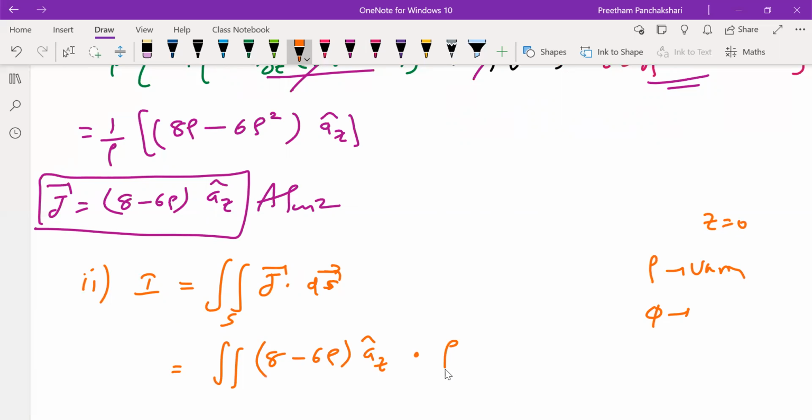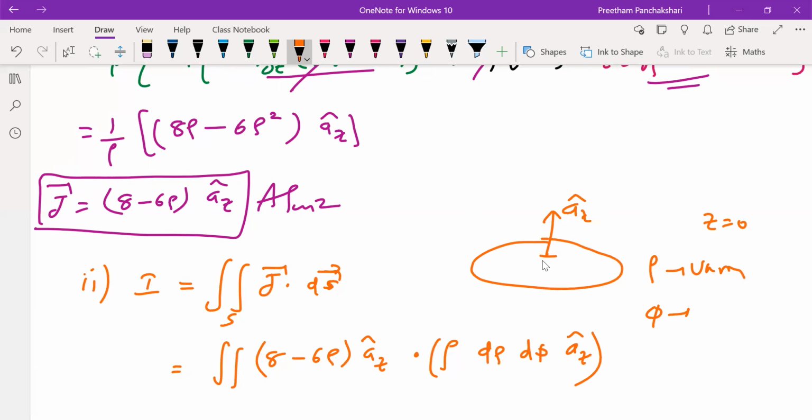So ds is given by this equation. As I said already, any surface perpendicular to the z-axis will have the unit vector a cap z. Here the surface is cylindrical.